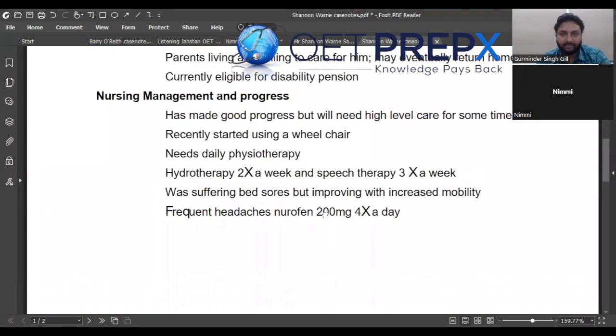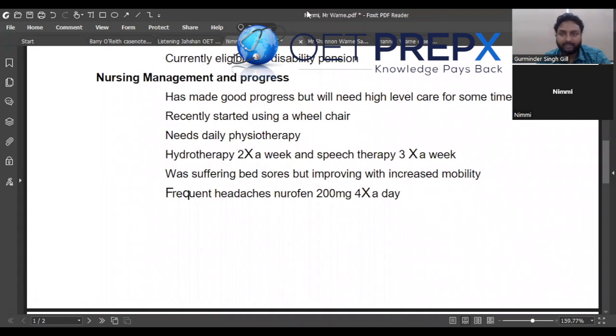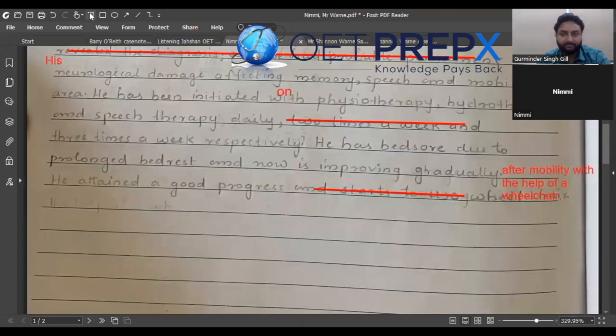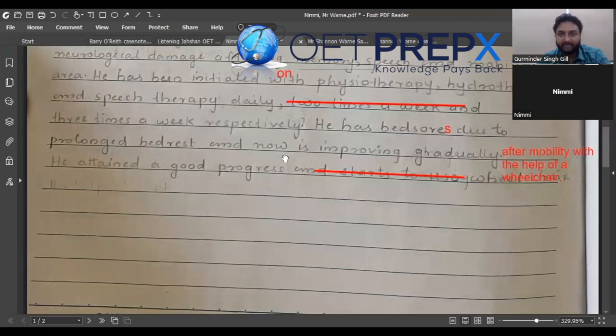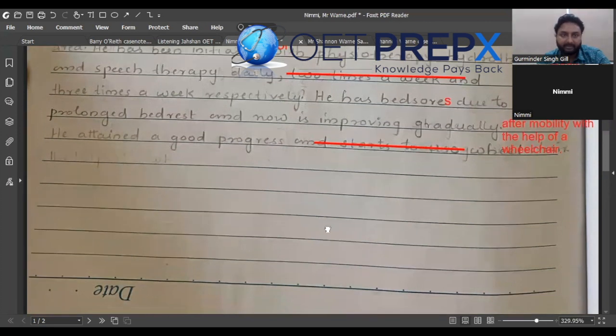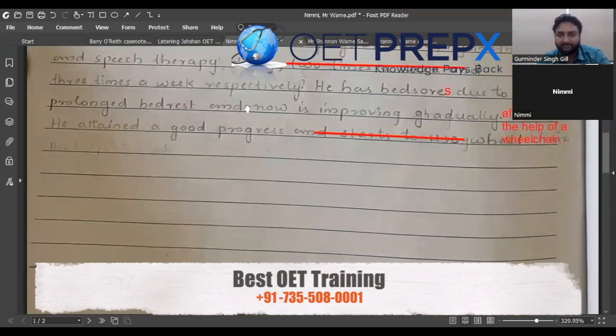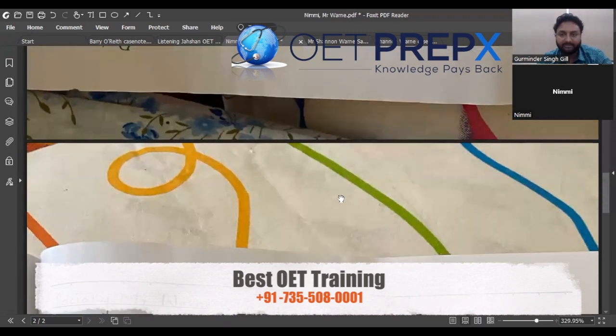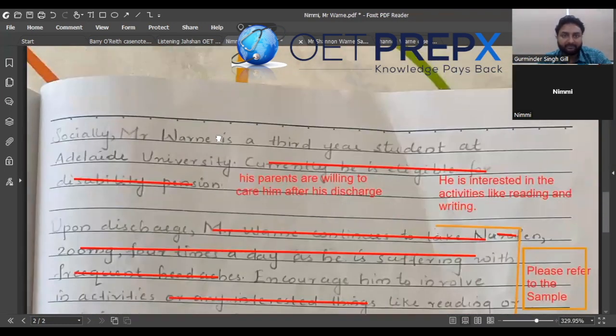So it's given here, I think. Sure, it should be bed sores, right? Yes. Due to prolonged bed rest, and now is improving gradually. This is fine. After mobility with the help of a wheelchair. Now it can be connected here. He attained good progress, the way you have written. Now let's go to the next paragraph.